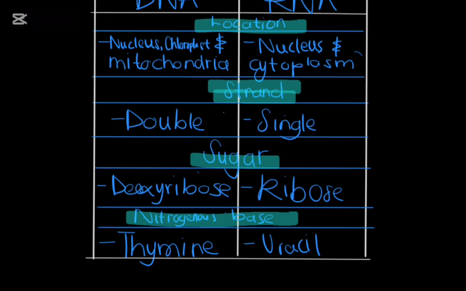So their location: DNA is found in the nucleus, in the chloroplast, and in the mitochondria. We have DNA in the chloroplast, we have DNA in the mitochondria, and we have DNA in the nucleus. Whereas RNA, we only find it in the nucleus and in the cytoplasm, found as tRNA, mRNA, rRNA.